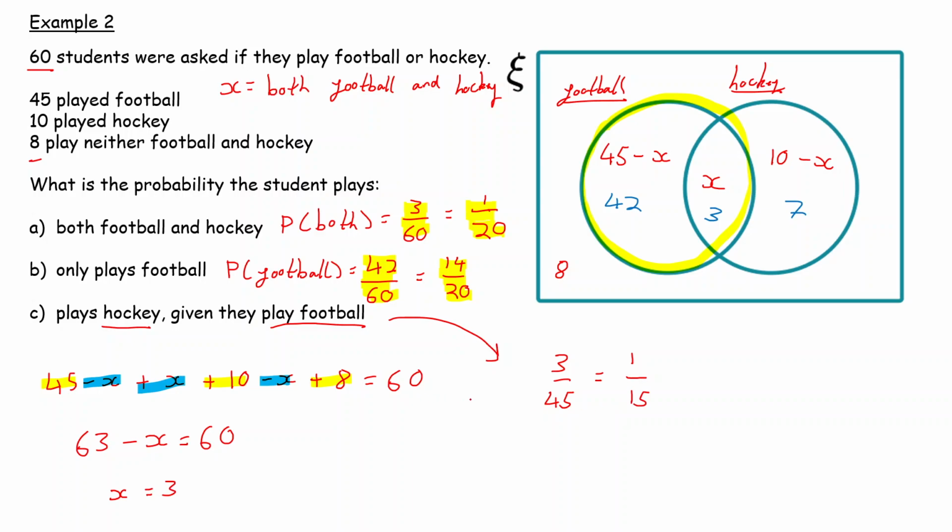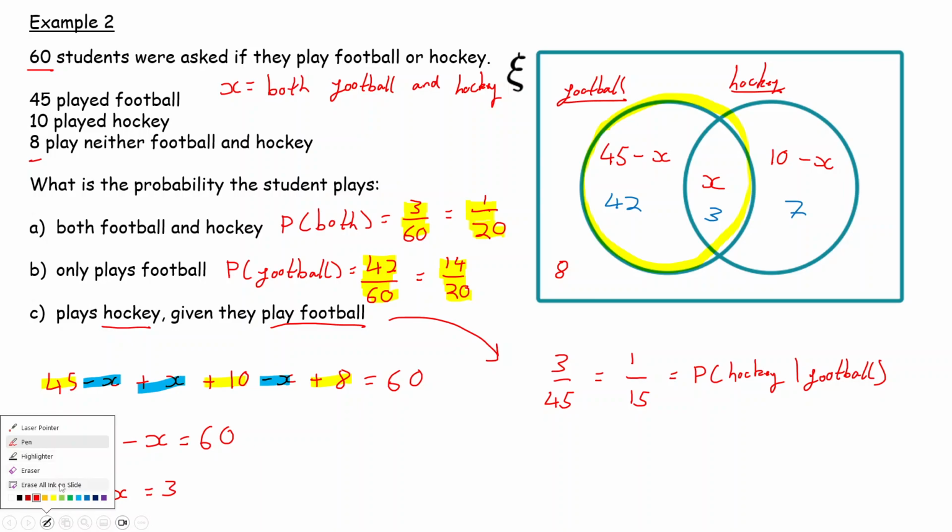And both of those are absolutely correct. And again, if you wanted to make that really fancy with your notation, you would write it as the probability that they play hockey given they play football. Okay, but it's good to understand that, though you won't lose marks for not knowing that. Highlighter. There we go. So either one of those there is all good.